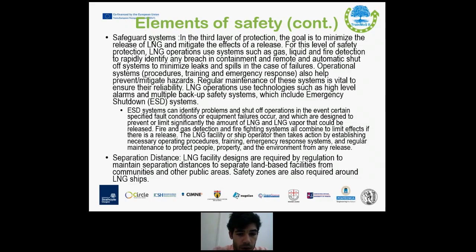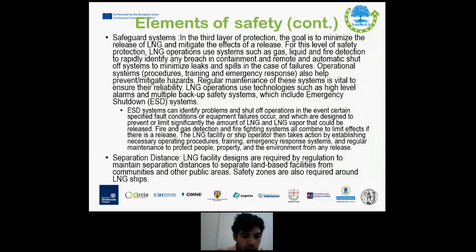Operational systems with procedures, training and emergency response also help prevent or mitigate hazards. Regular maintenance of these systems is vital to ensure their reliability. LNG operations use technologies such as high-level alarms and multiple backup safety systems, which include emergency shutdown systems.